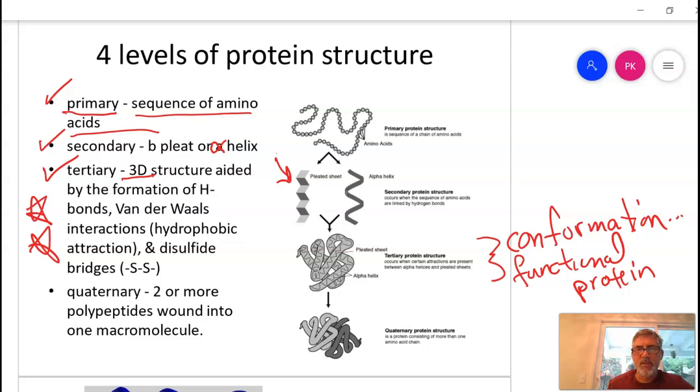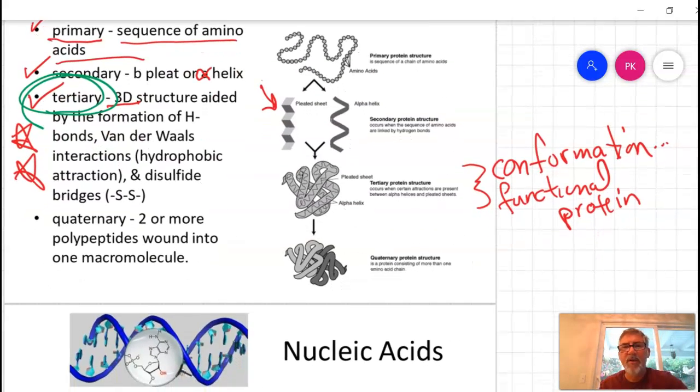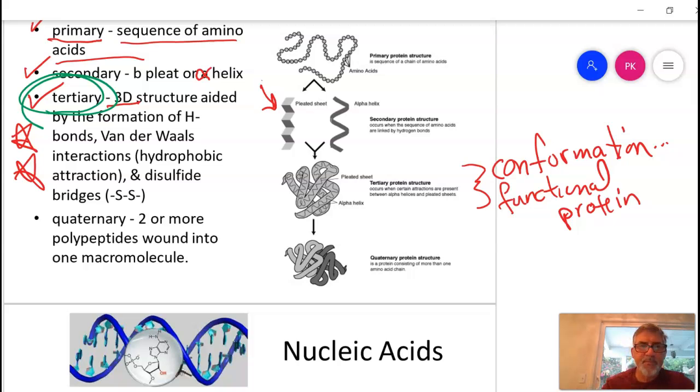Make sure you know this: all proteins at least have to have a tertiary structure, which is conformation. That conformation is really important because it is what makes enzymes work, and without enzymes you can't live.